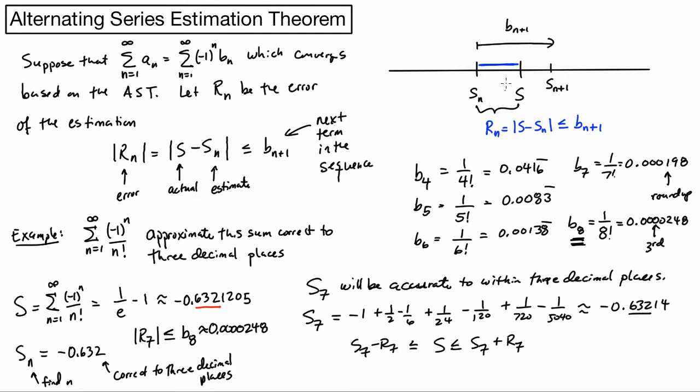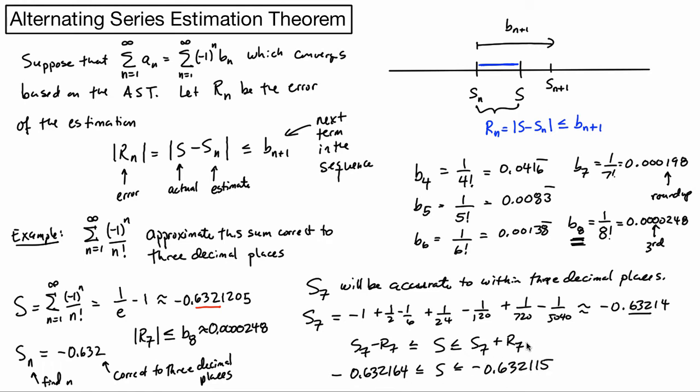So this is going back to this picture. You're within Rn either way. I have the values of R7 and S7 now. If I compute these on either side, this puts the interval at negative 0.632164 on one side, and on the high side, negative 0.632115.